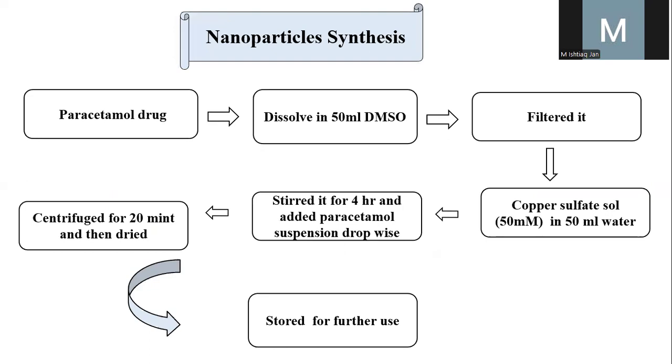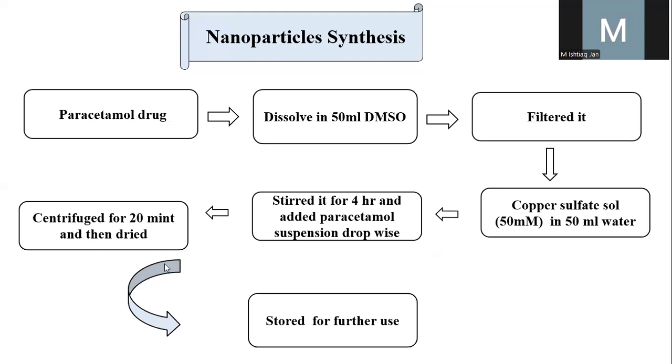We synthesize copper oxide nanoparticles from their respective salt, and for this purpose we dissolve paracetamol in DMSO, and then we use the filtrate of this paracetamol for the further process and mix it with the respective salt.